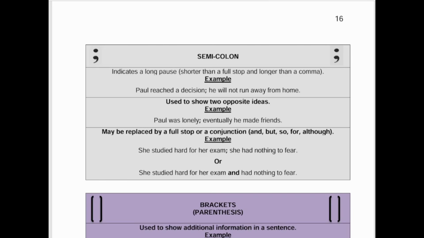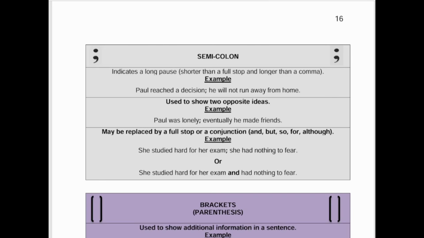A semicolon may be replaced by a full stop or a conjunction: and, but, so, for, although. You can replace the semicolon from that statement by using a conjunction. But if you don't want to use a conjunction, you just place a semicolon. Example, Paul was lonely and eventually made friends.